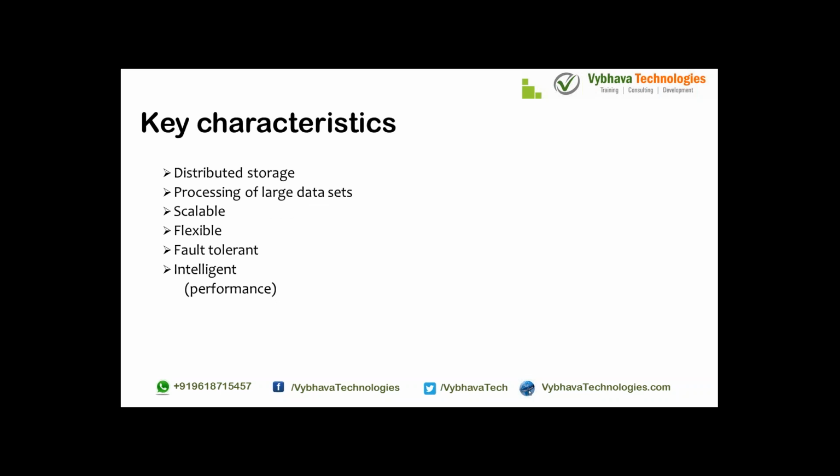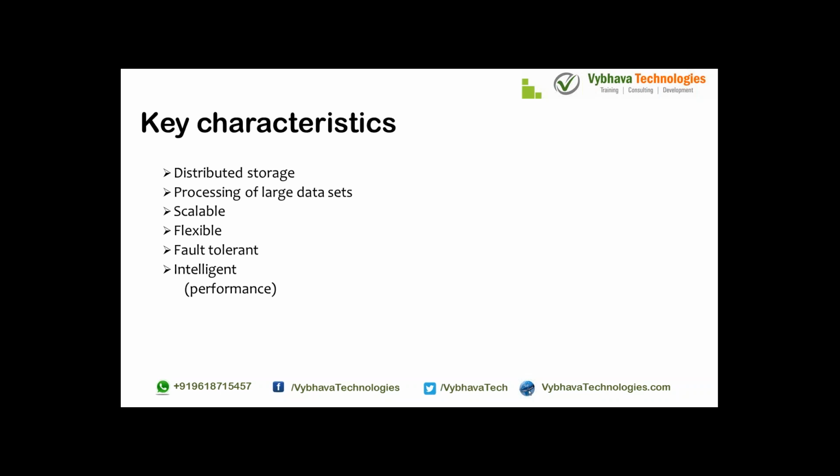So what are the key characteristics of Hadoop? Why only Hadoop? It is a distributed file system. We will discuss all this in the next classes. We are storing a file in distributed mode. If you are storing a file, it is available on 3-4 machines.